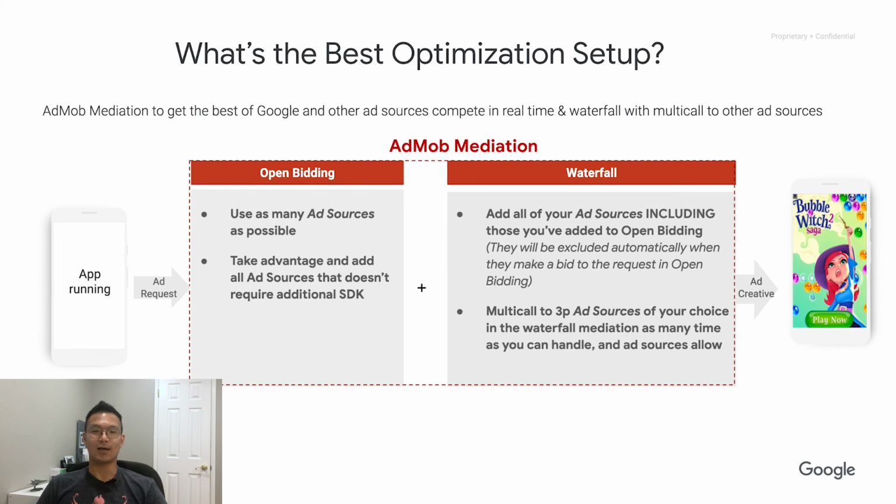In the other case, where that ad source didn't make a bid into open bidding, that's when we activate those ad source line items within the waterfall. So whether an ad source makes a bid into open bidding or not, we ensure that it gets one chance to participate, not both open bidding and waterfall.